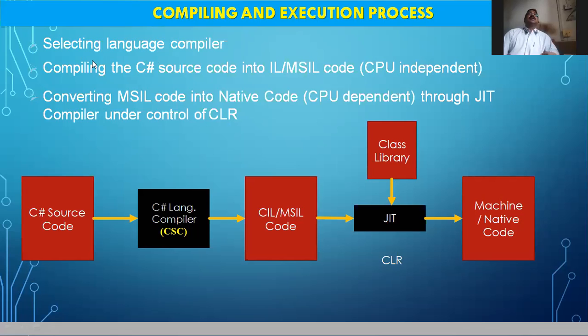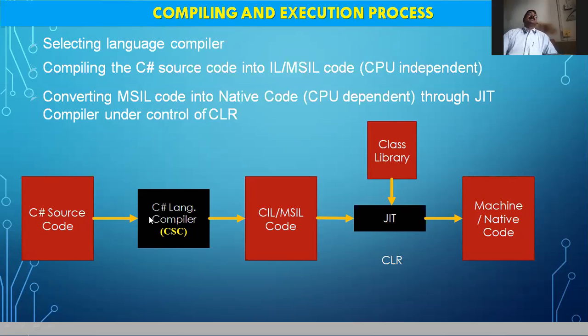In our earlier slide, we selected the C# language compiler, then compiled the C# source code into IL, that is the MSIL code, which is CPU independent, and converted the MSIL into native code through the JIT compiler under the control of the CLR. The figure itself shows everything clearly.